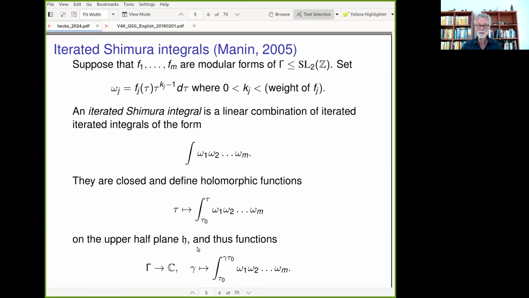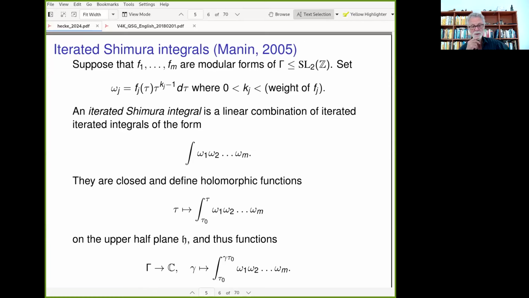So this also gives us a function from our congruence subgroups gamma into the complex numbers. We just evaluate this iterated integral on the path that goes from tau 0 to gamma times tau 0.